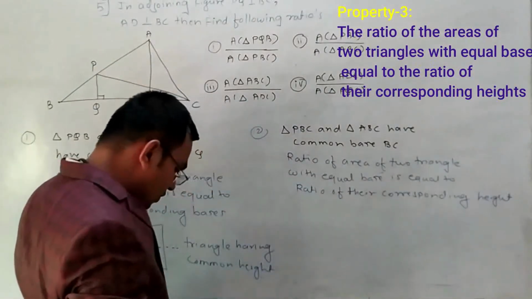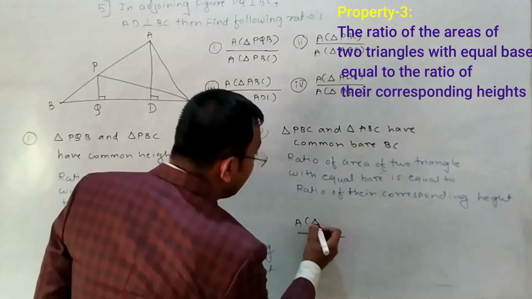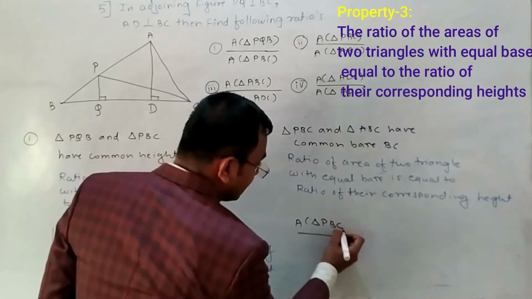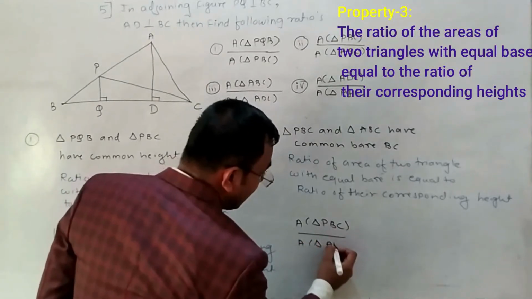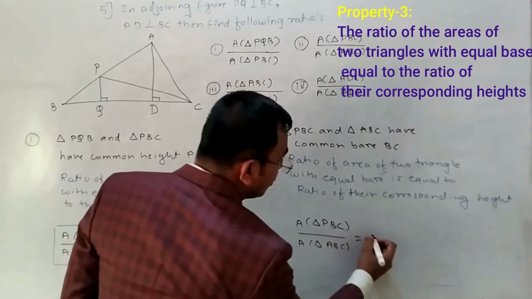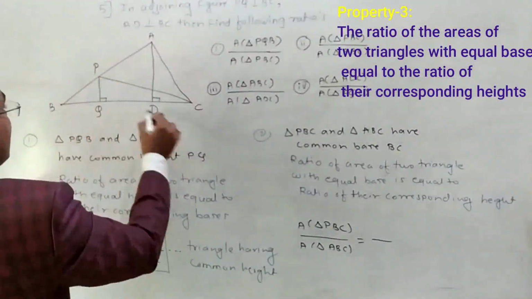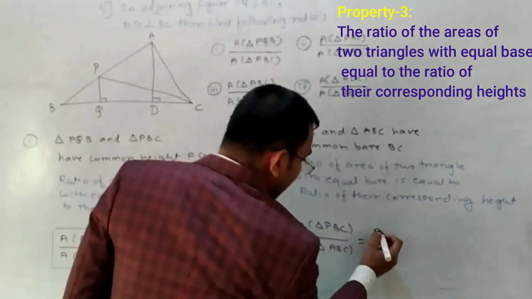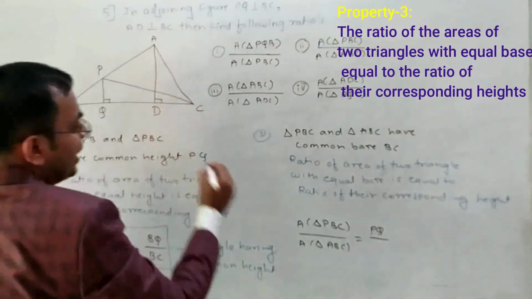So we will write ratio of area of triangle PBC and triangle ABC is equal to the ratio of their corresponding height. So PBC height is PQ, and for ABC height is AD.